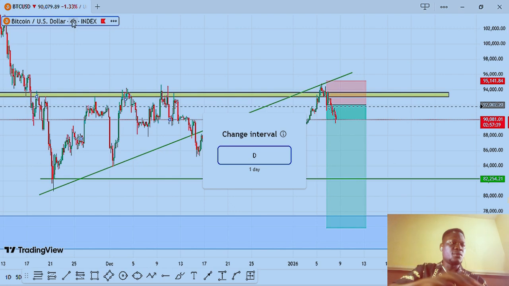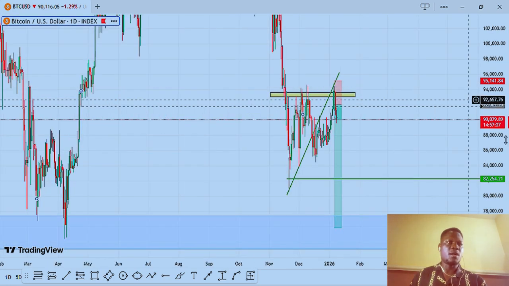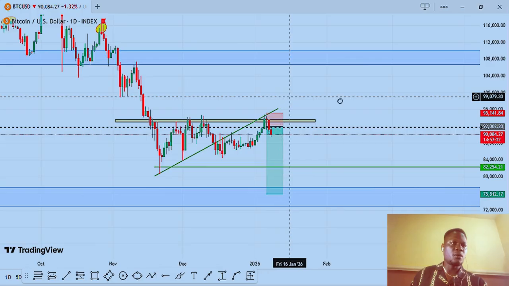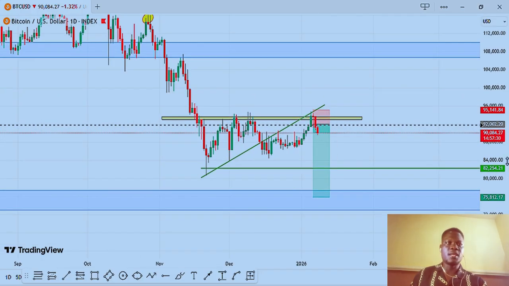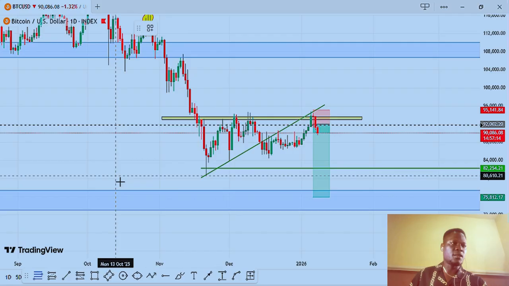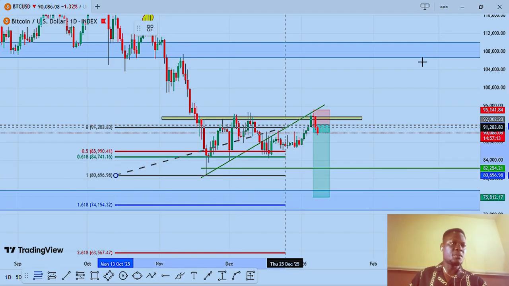But let's go to the daily time frame. Let me also show you why I was selling. You can go watch my previous analysis for educational purposes, so you understand today's analysis and don't get confused about why. The reason I was selling was because of this Fibonacci retracement.